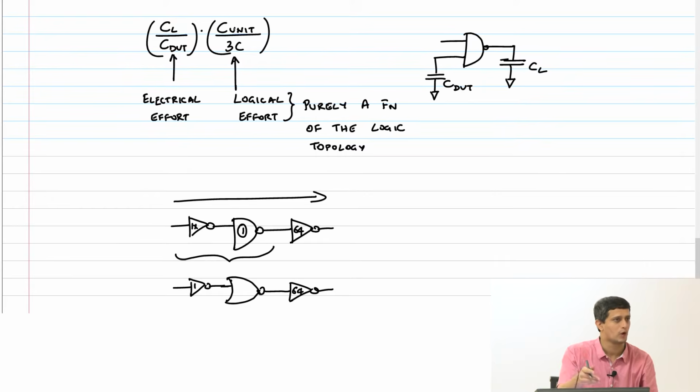We just derived the whole expression. There is a load component to the delay and there is a parasitic component to the delay. Now, in order to compare these two, I have to first say that the input capacitance offered by this NAND gate, let me call it C in, and this input capacitance should be the same.